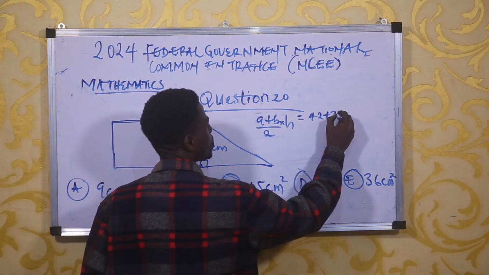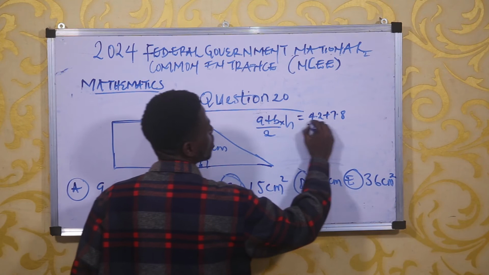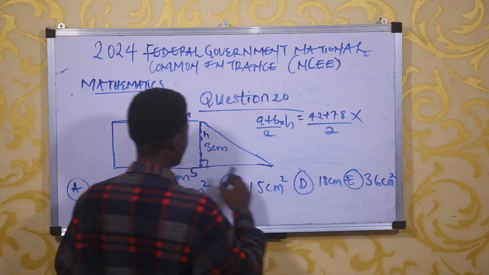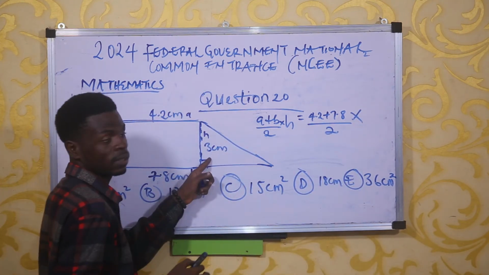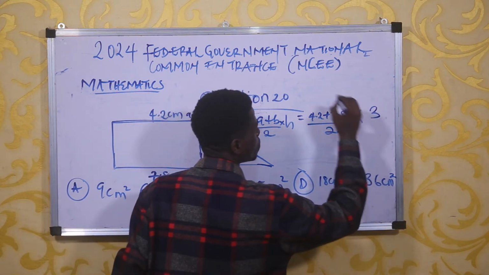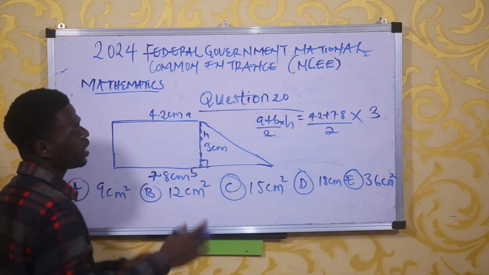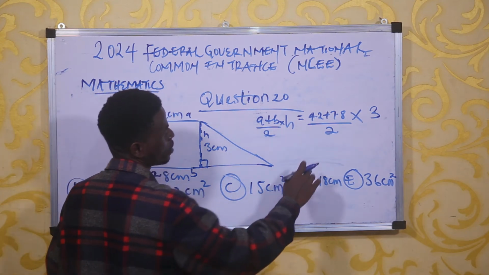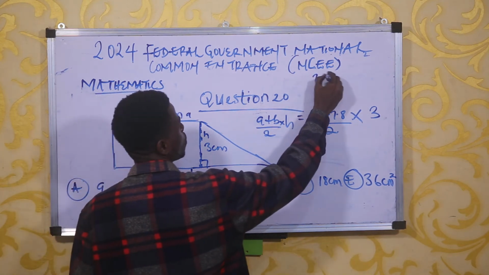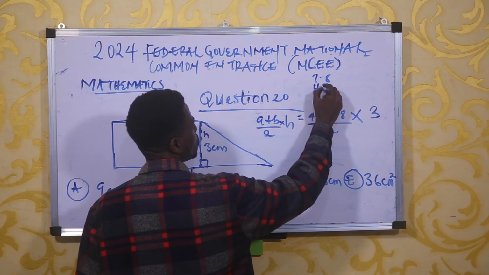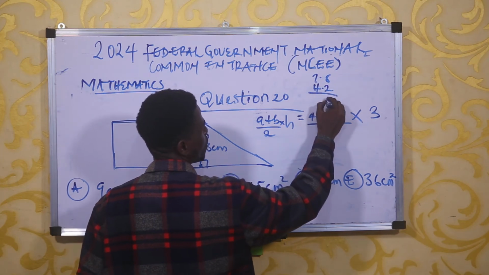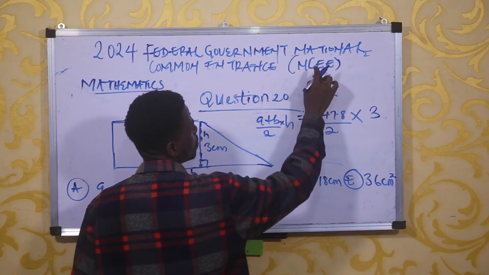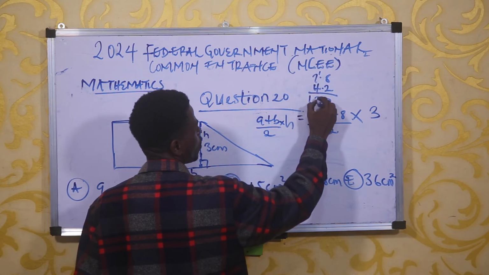Take note of that. Divided by 2 times the height, which is 3. So 7.8 plus 4.2 will give us 12. Look at it: 8 plus 2 is 10, carry 1 here. 7 plus 1 is 8, plus 4 is 12.